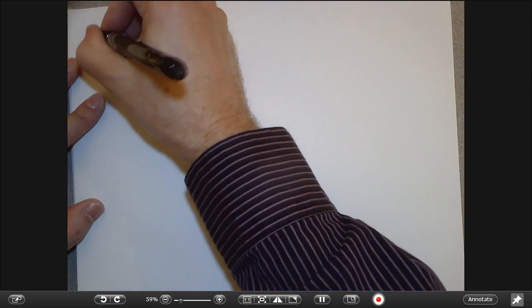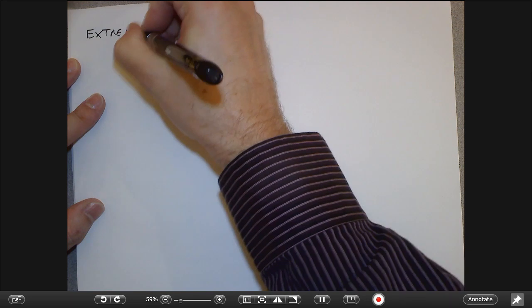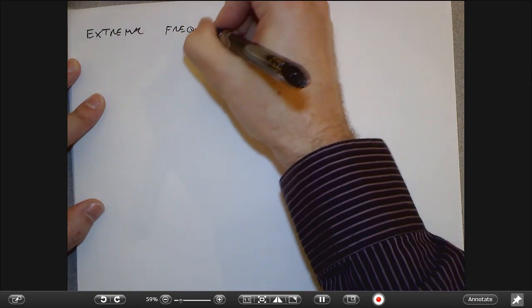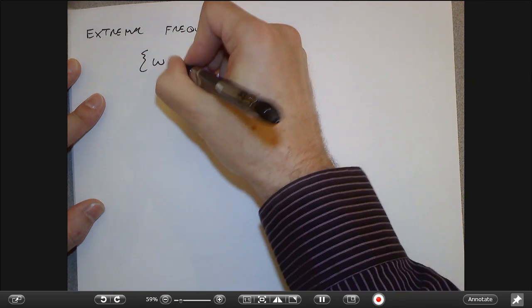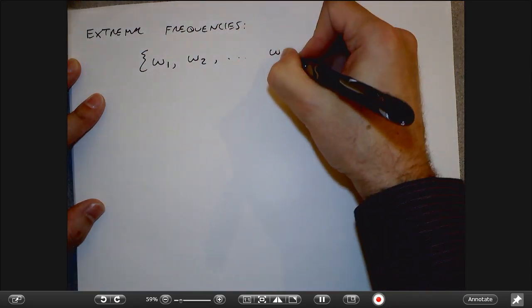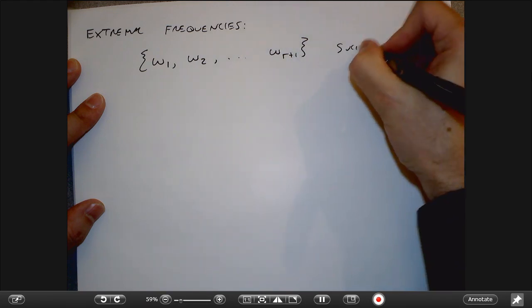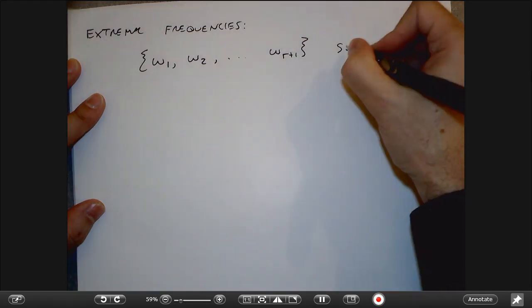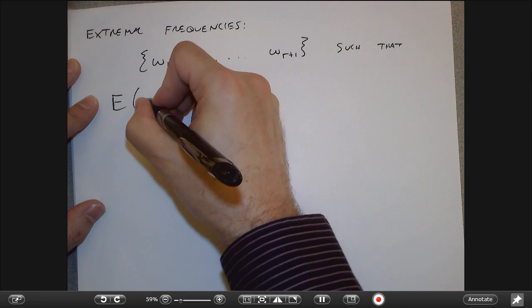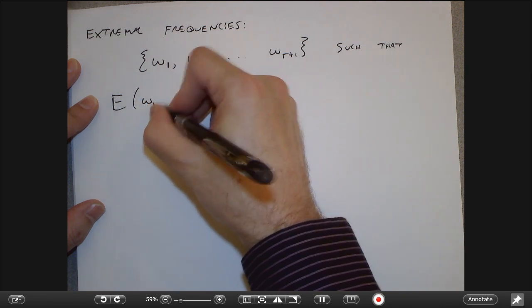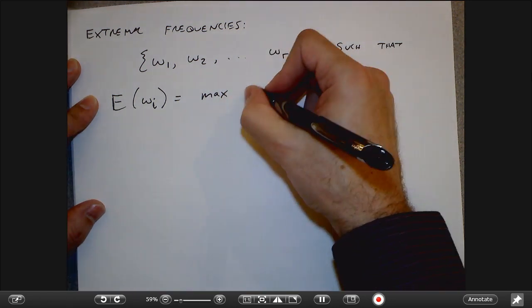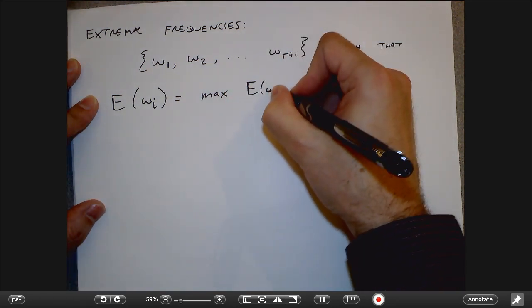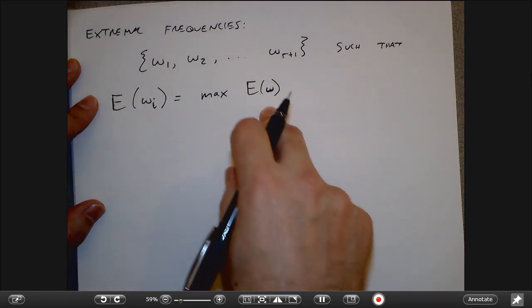So extremal frequencies are a set of places such that the error at each of these places is equal to the maximum error, okay?